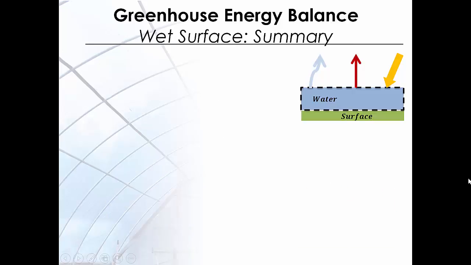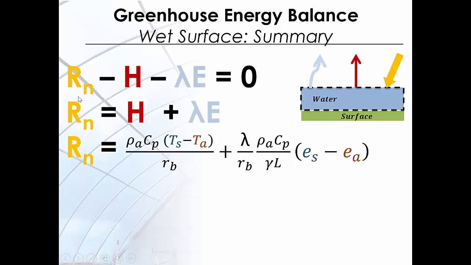Now we can summarize our discussions on water vapor balance from wet surfaces. Again, let's remember our schematics to include radiation incident on the surface and the sensible heat from the surface, as well as the latent heat from the surface. So our energy balance at steady state was the radiation minus the sensible heat minus the evaporation component, and that equals 0. We can solve this equation for net radiation on the surface.